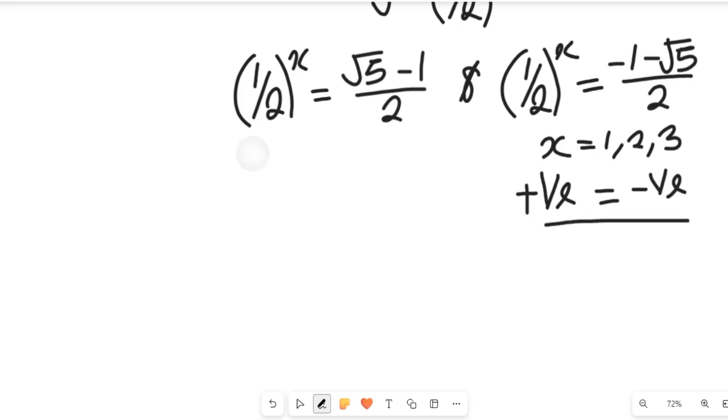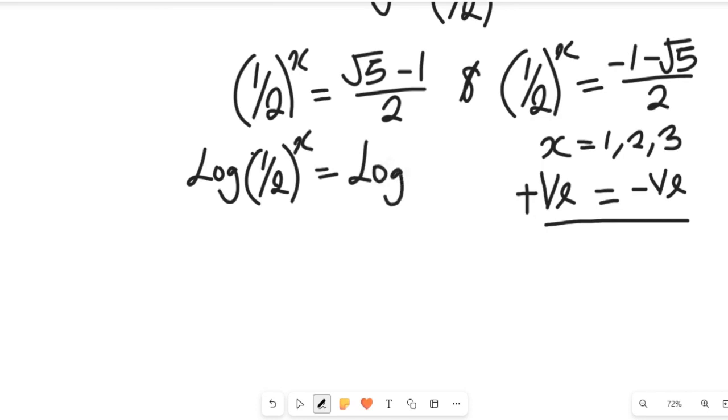From this part, we're going to take the log of both sides. We can also take the natural log of both sides. So if we take the natural log of both sides, this will be equal to the log of root 5 minus 1 divided by 2.